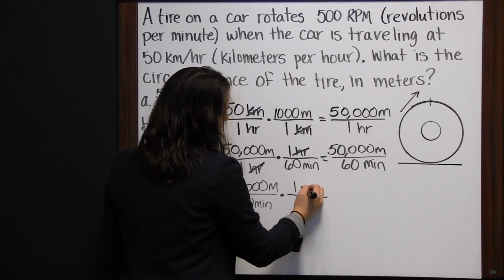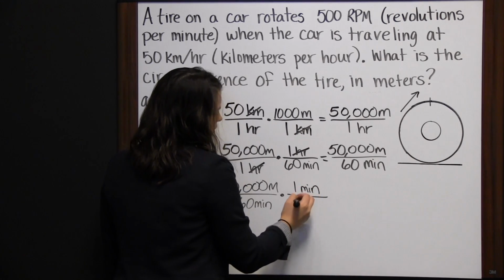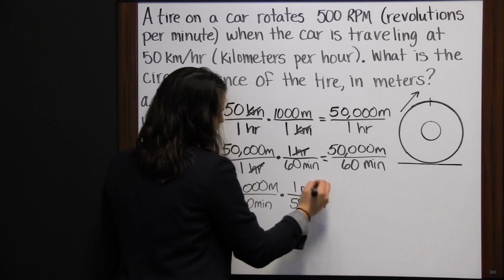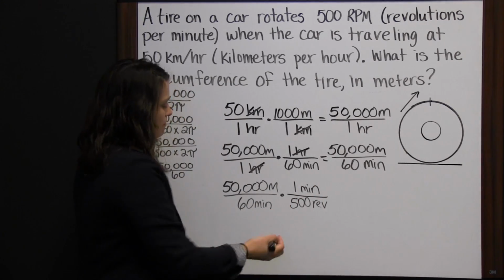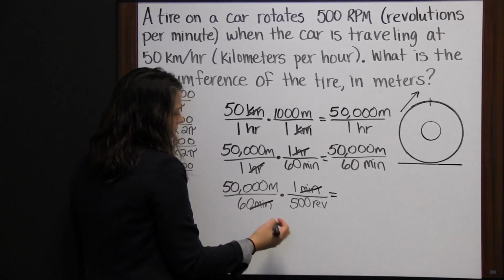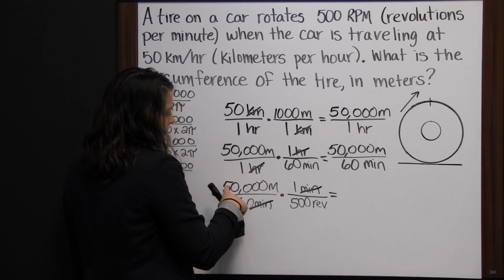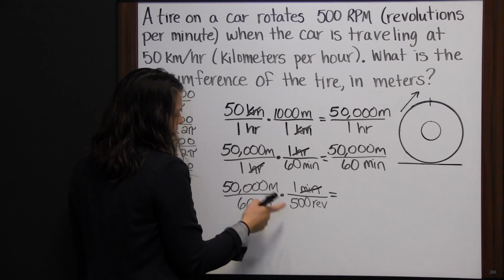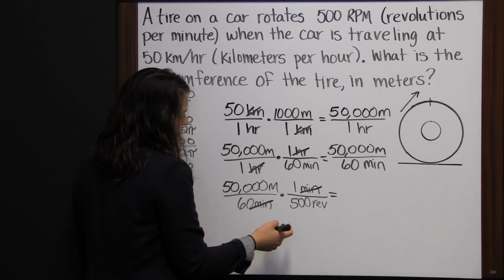So every 1 minute, the car goes 500 revolutions. So that again, my minutes cross-cancel. And I can cross cancel my 50,000 and my 500 by dividing them both by 500.